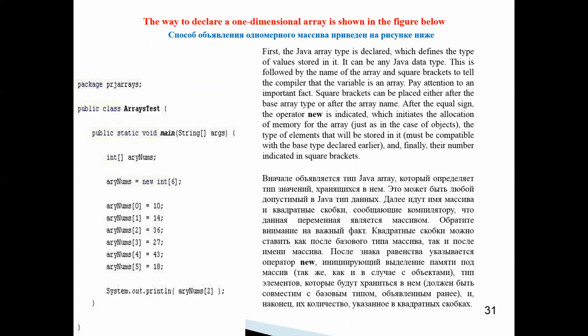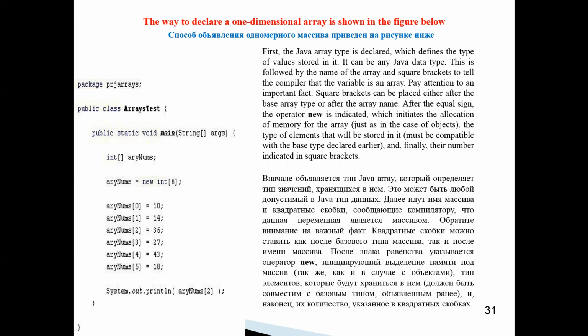It can be any Java data type, any. This is followed by the name of the array in square brackets to tell the compiler that the variable is an array. Pay attention to an important fact. Square brackets can be placed either after the base array type or after the array name.